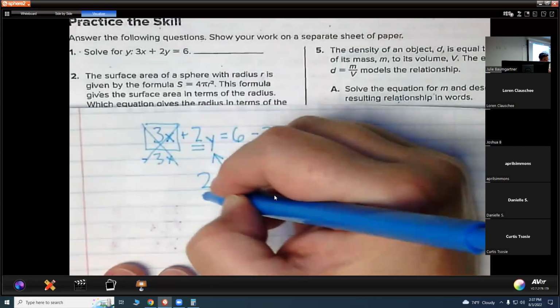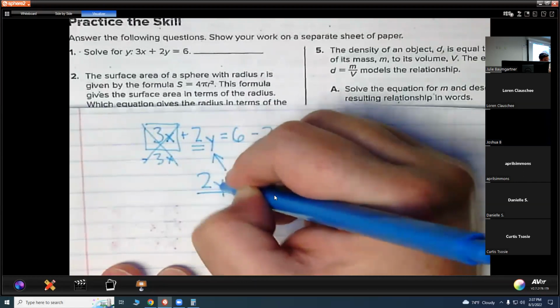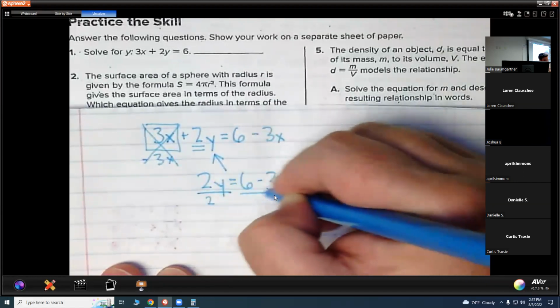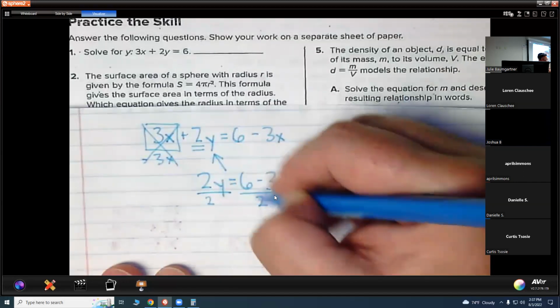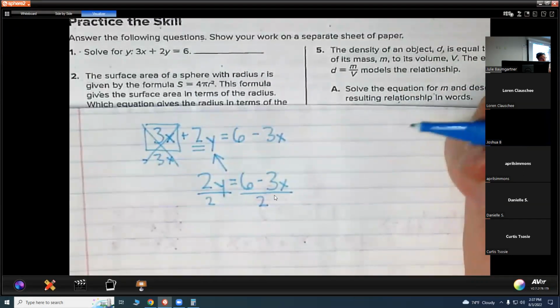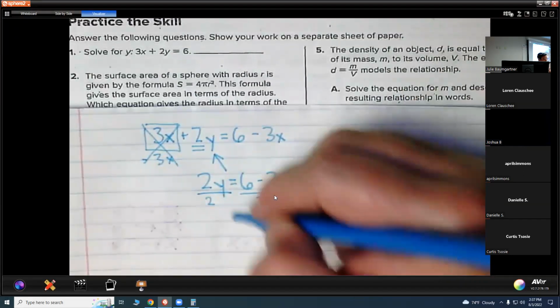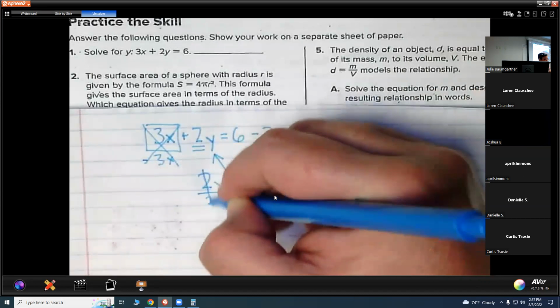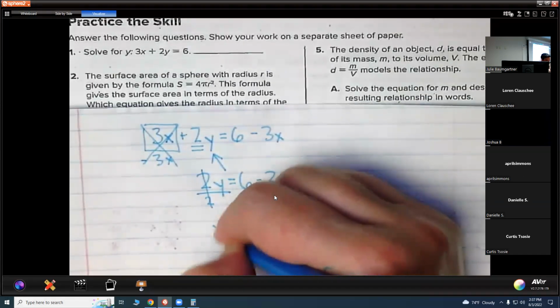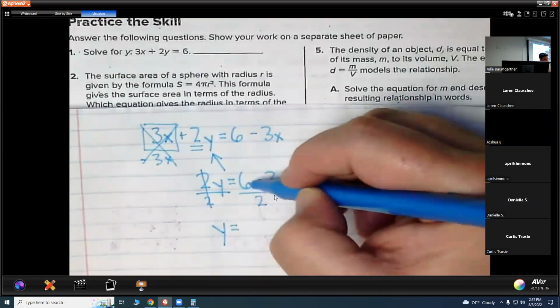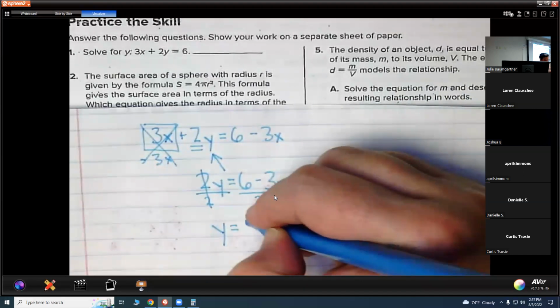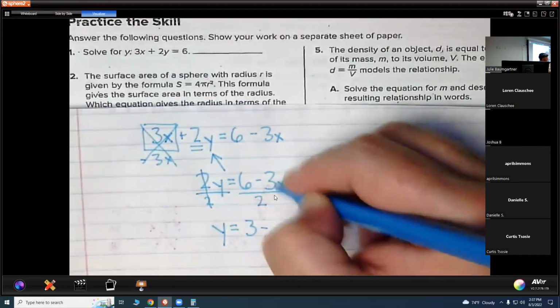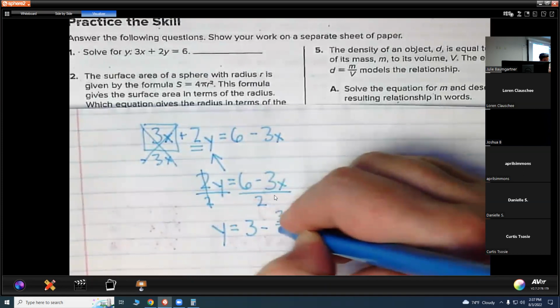Then, to get rid of my 2, since this is 2 times y, we're going to have to divide both chunks by 2. So 2 divided by 2 is 1, so I'm left with 1y. 6 divided by 2 is 3. And then I can't really simplify 3 halves.